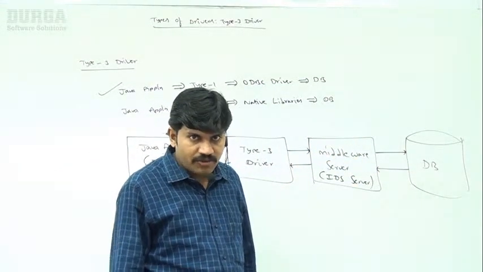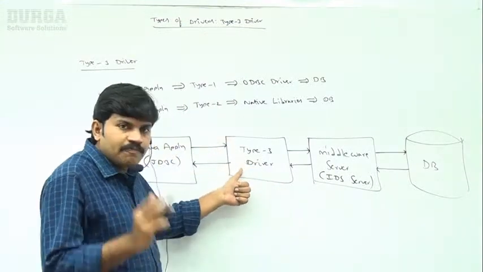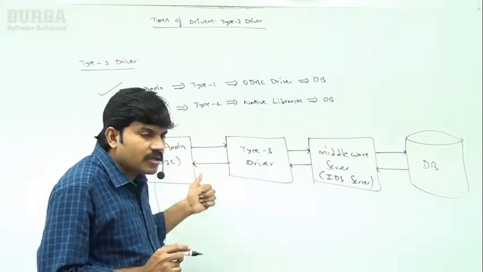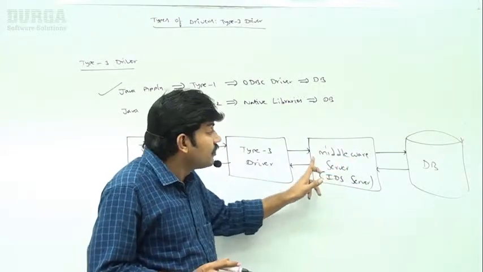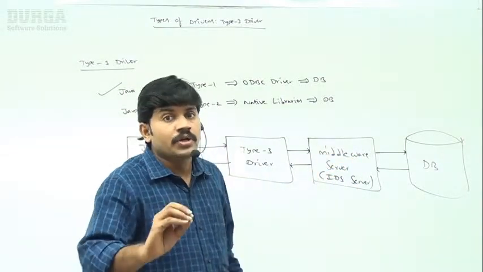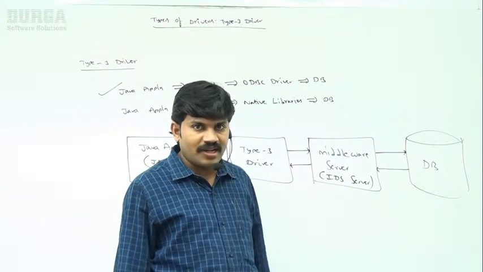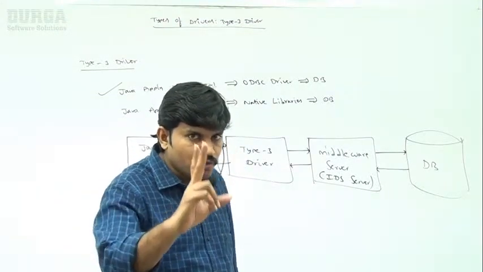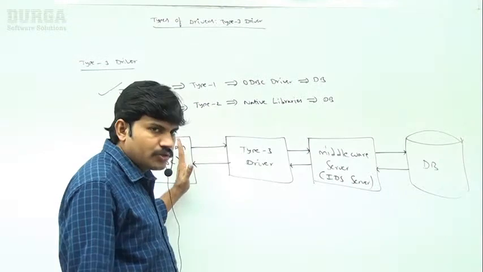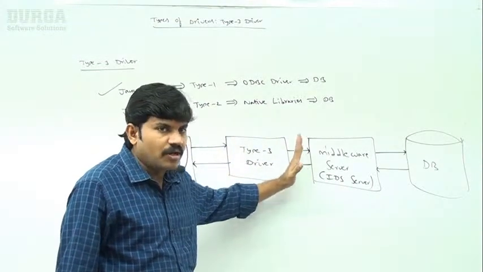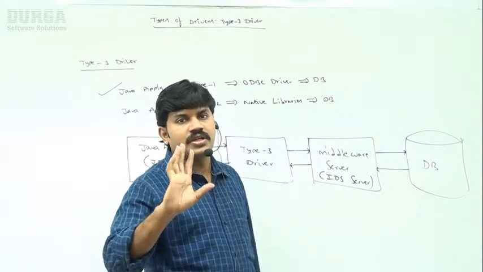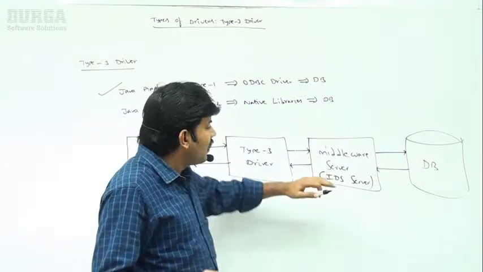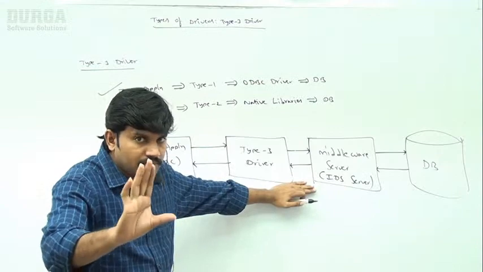Are you getting it? Sir, how many conversions are required? Two conversions. JDBC to middleware server specific calls, and middleware server specific calls to database calls. Two conversions are required, right? Sir, this is the architecture related to the type 3 driver, right?